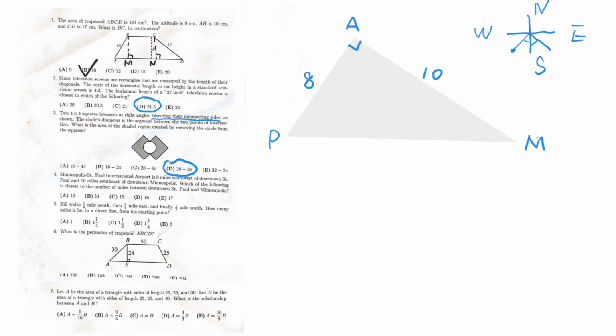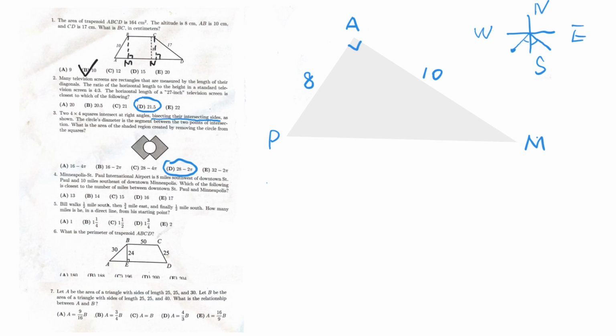So to find the PM, we use Pythagorean theorem. So that's the 8 square plus 10 square. That's the 164. We need to find the closest to which of the following.